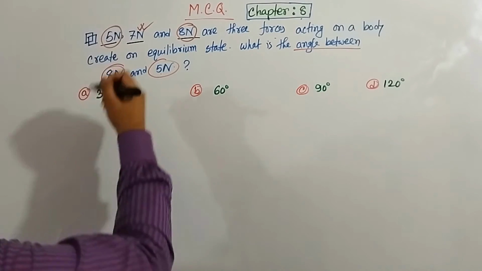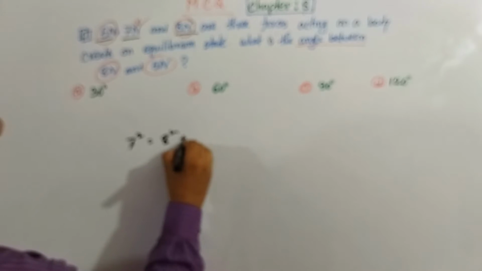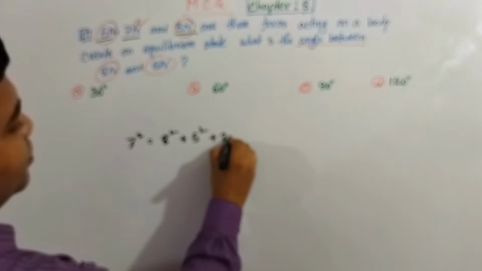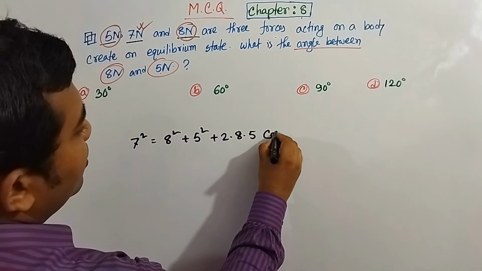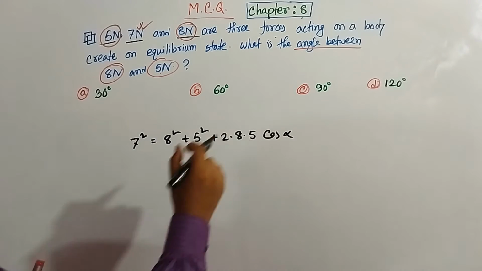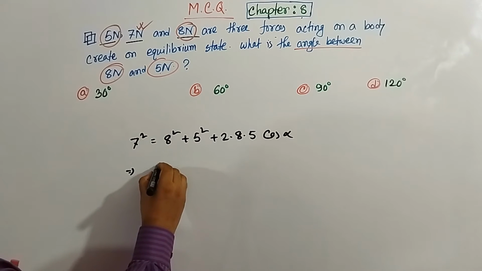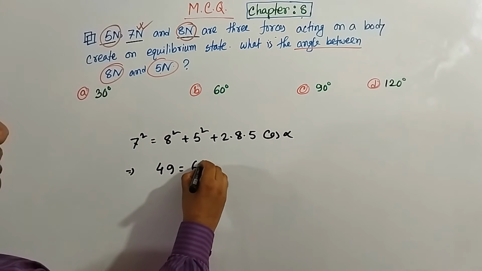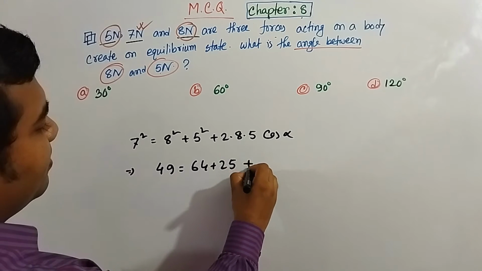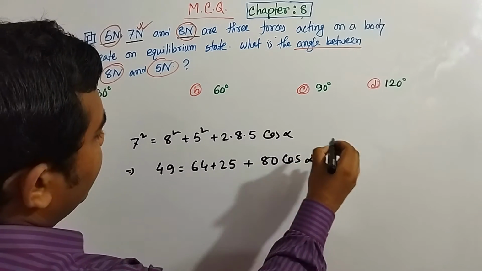At that time we can say 7 square equals 8 square plus 5 square plus 2 into 8 into 5 into cos alpha. We need to just find this value. If we calculate this, it should be 49 equals 64 plus 25 plus 80 cos alpha.